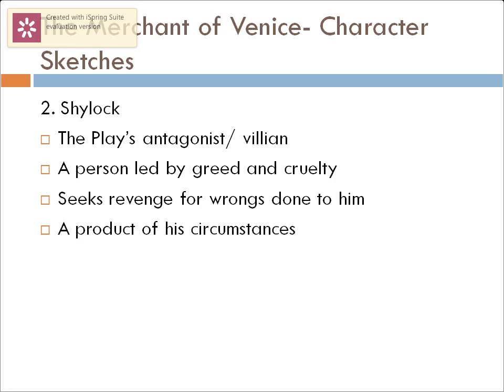He seeks revenge for the wrongs done to him. He has been abused and treated wrongly many times by Antonio, so he wants to seek revenge. We can say that Shylock is perhaps a product of his circumstances. In that ancient period in Venice, the Jews were not being treated well by the Christians, and that probably has put a lot of hatred in his mind.